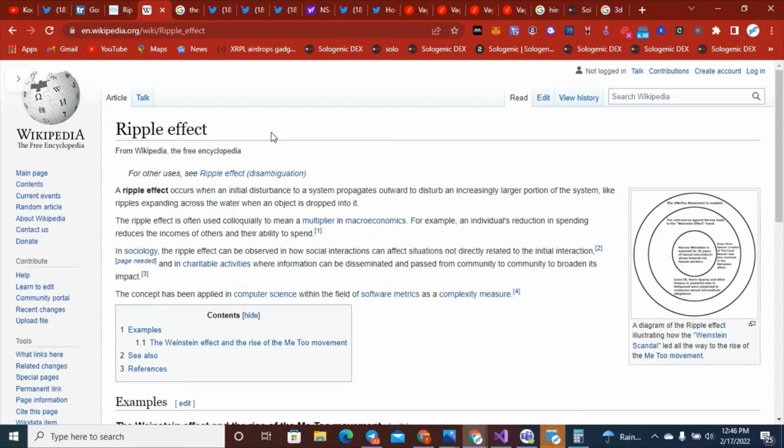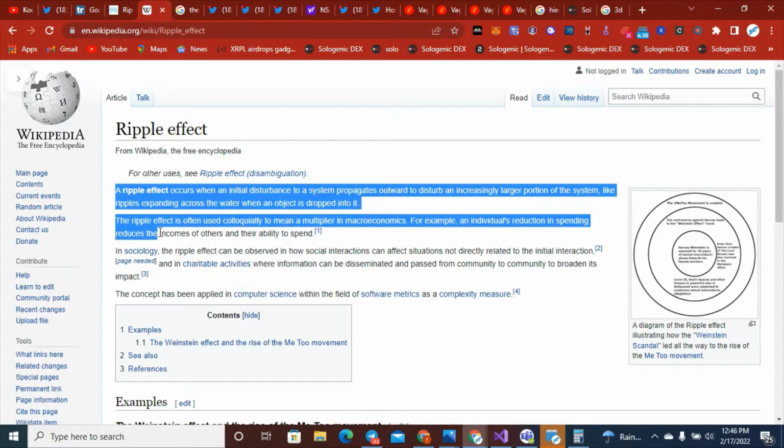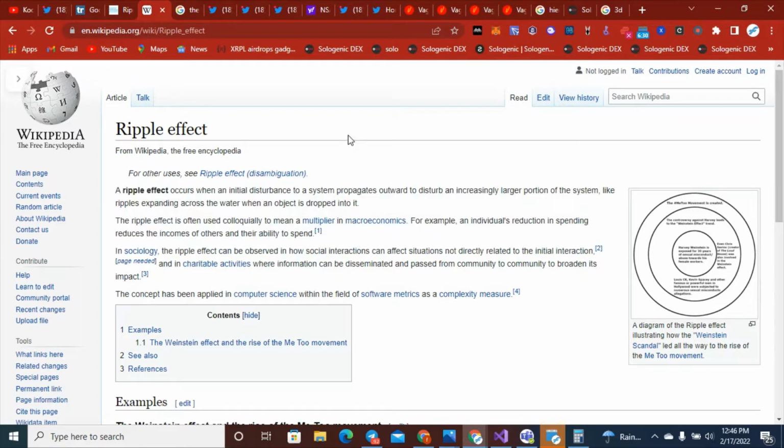The ripple effect is also used colloquially to mean multiplier or macroeconomics. For example, an individual's reduction in spending reduces the incomes of others and their ability to spend. This is a really, really crazy definition right here. I just wanted to show you all the ripple effect.